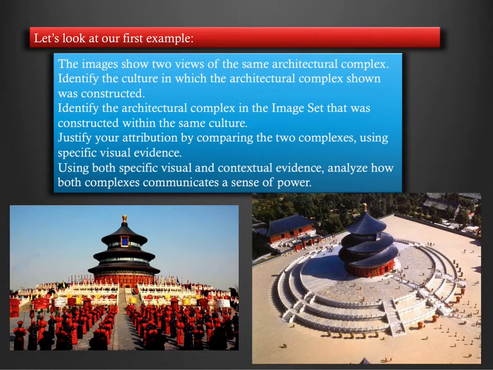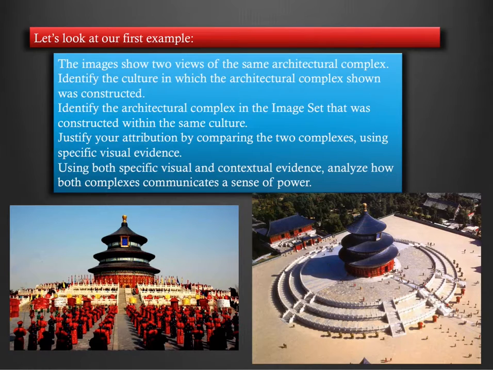If you said the Forbidden City in Beijing, you would be correct. This particular structure is the Temple of Heaven, and it was constructed by the same emperor that constructed the Forbidden City, Yongle. And he was part of the Ming Empire. So this is a Ming Dynasty Chinese work.